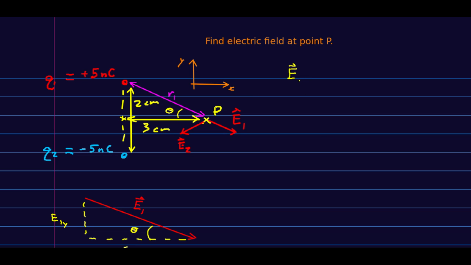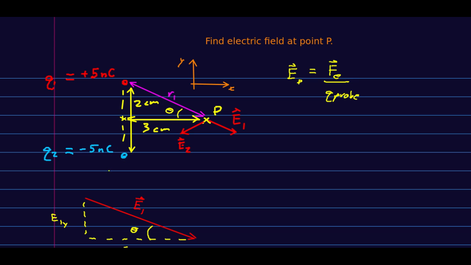The E field here at P we could get by putting a probe charge there. Remember, there's no charge at P, but if we put one there, there would be an electrical force on it. If we divide that by the charge on the probe charge, that gives us the E field. But think about how that force is put together. It's a vector sum of two forces, one due to this charge and one due to that charge.